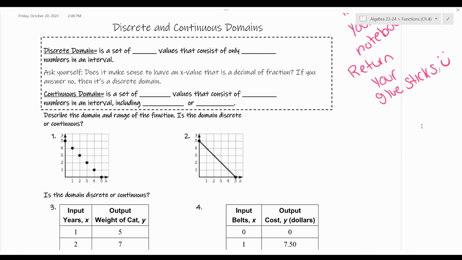We have something called a discrete domain, and this is a set of X values that consist of only whole numbers in an interval. I'm going to have you add one thing. If you have a discrete domain, do not connect dots.